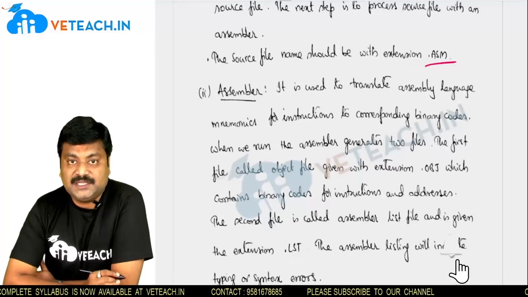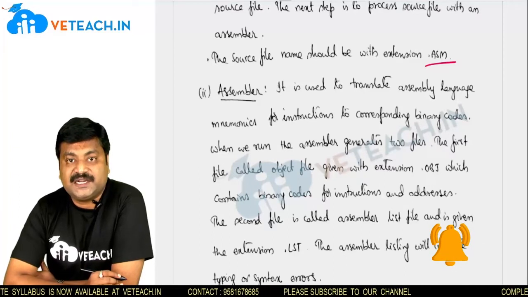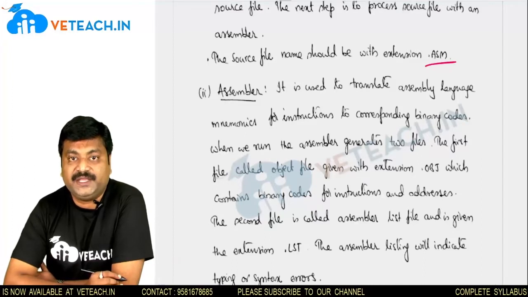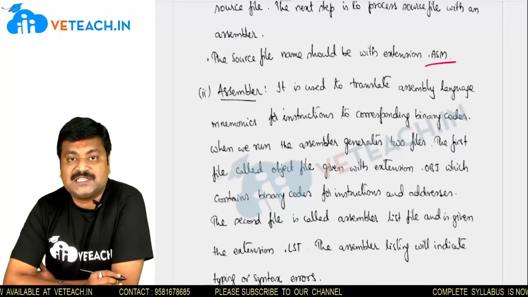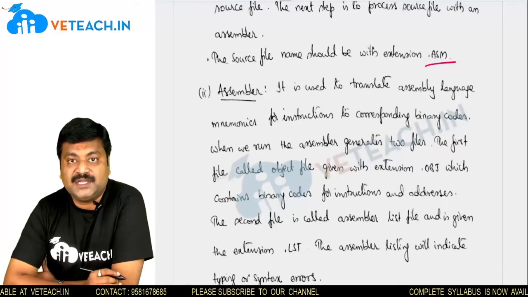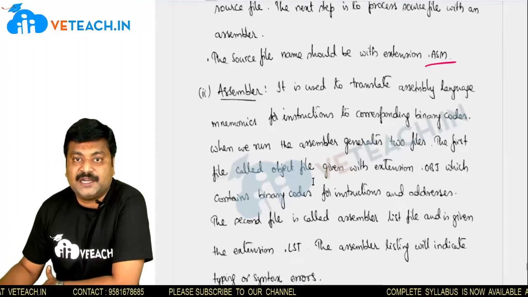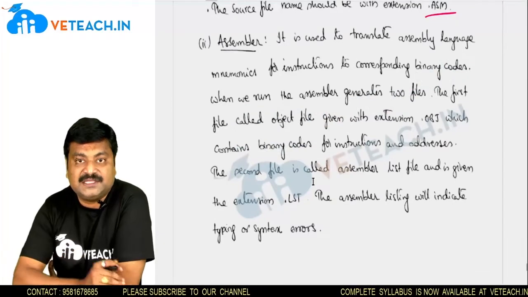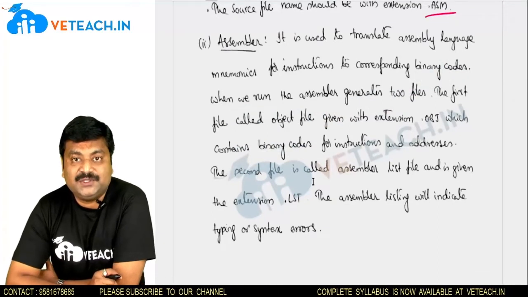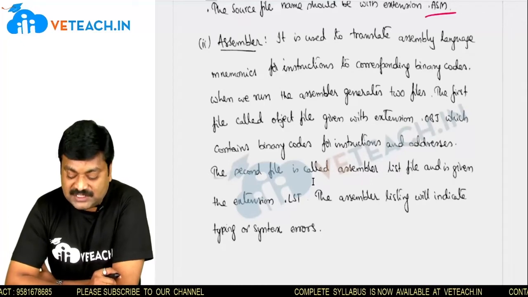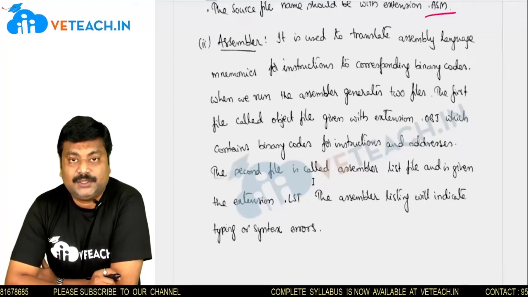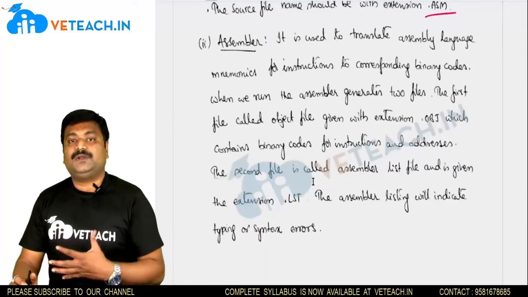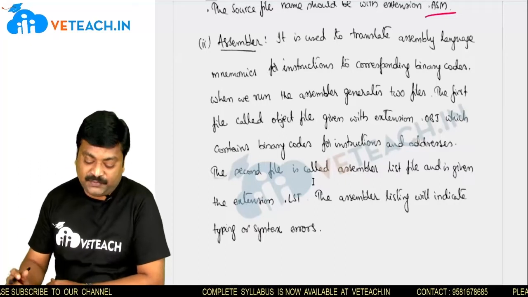Once the source file is ready, we need to give it to the assembler, which converts the assembly language mnemonics to the required machine understandable binary codes. And when we run this assembler, it will generate two files for us. The first file is the .obj file, the other file is the .lst file. We will call them the object file and the listing file.